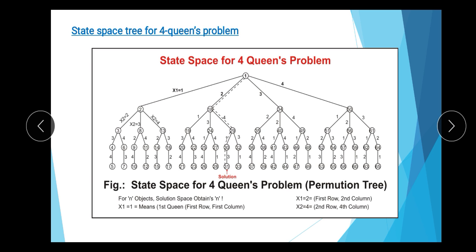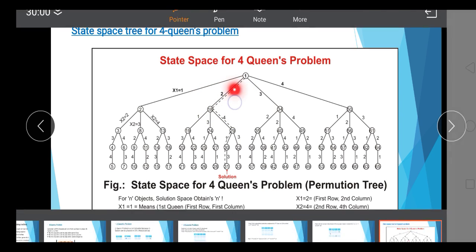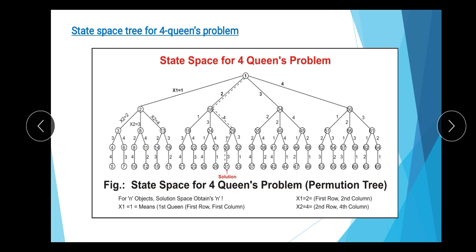We place our first queen in the second column of the first row, which is shown by this dotted line. Similarly, we place our second queen in the fourth column of the second row. This is our second row. Now we place our third queen in the first column of the third row as shown in the figure, and we place our fourth queen in the third column of the fourth row.